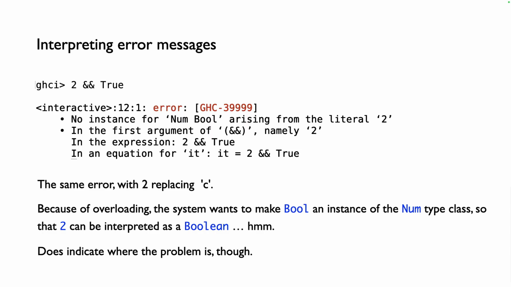So that is helping us. We've got a number here, 2, and somehow we're trying to treat it as a boolean. That's making us think, can we treat the booleans that we see here as if they were numbers as well? And the answer is no, not really.